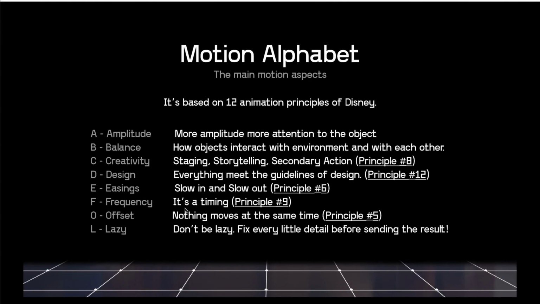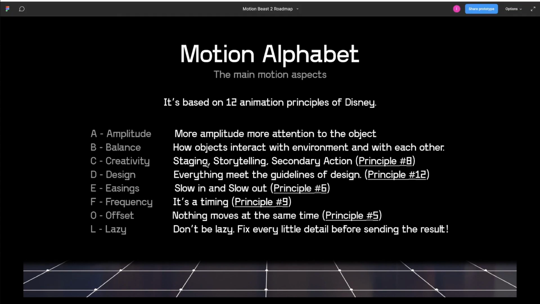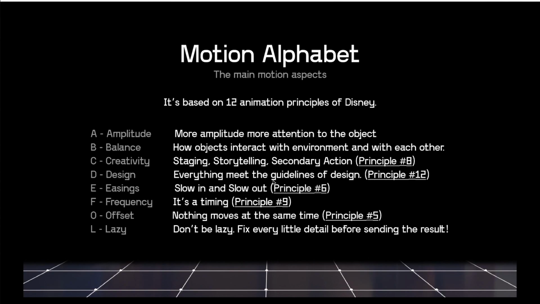So when you see an animation, think about it. The next one is offset, and it means nothing moves at the same time, so it's principle number 5. And the lazy one is very simple. Don't be lazy, fix every little detail before sending the result. So let's jump to some work and I will explain how it works.